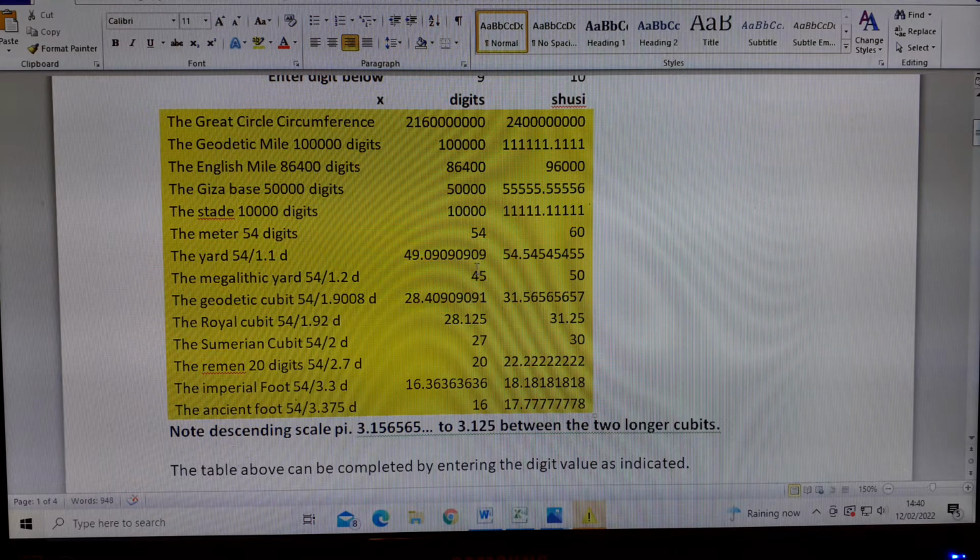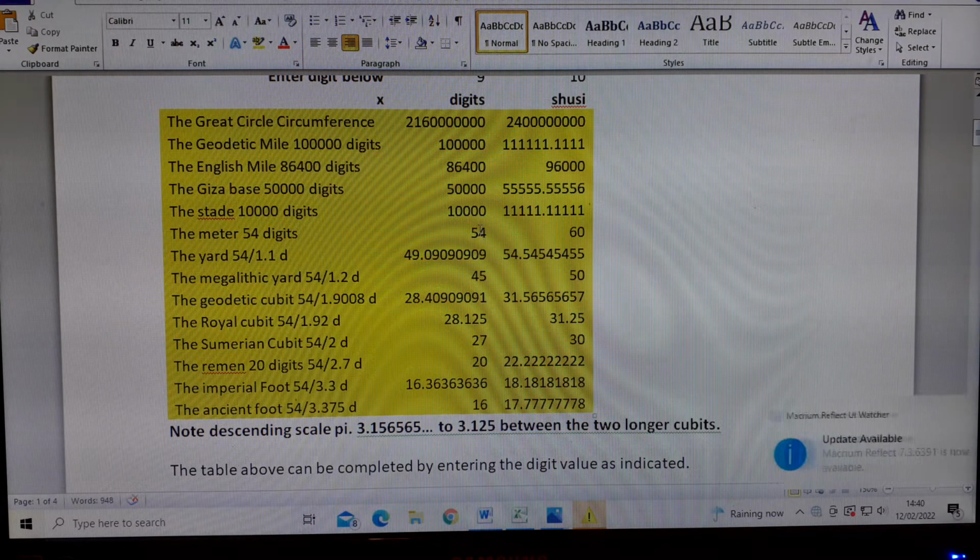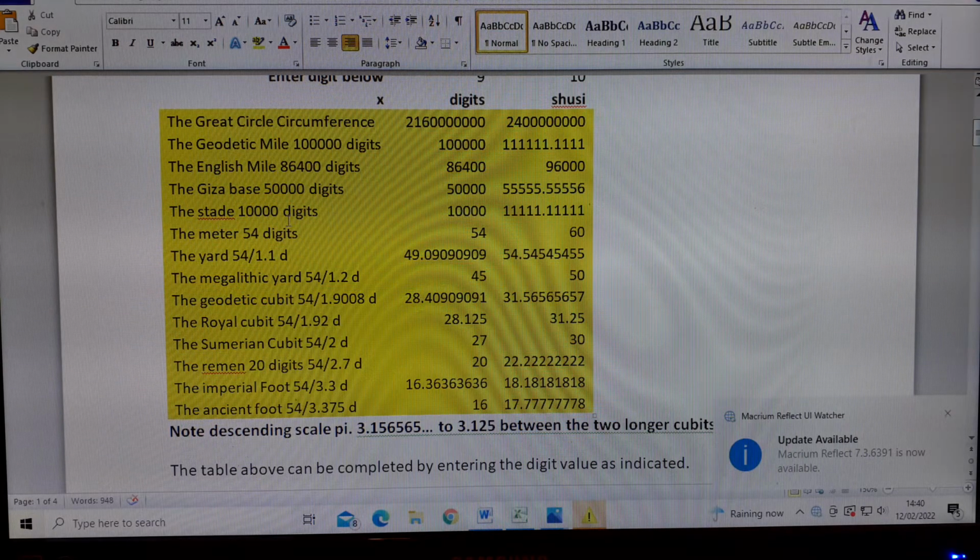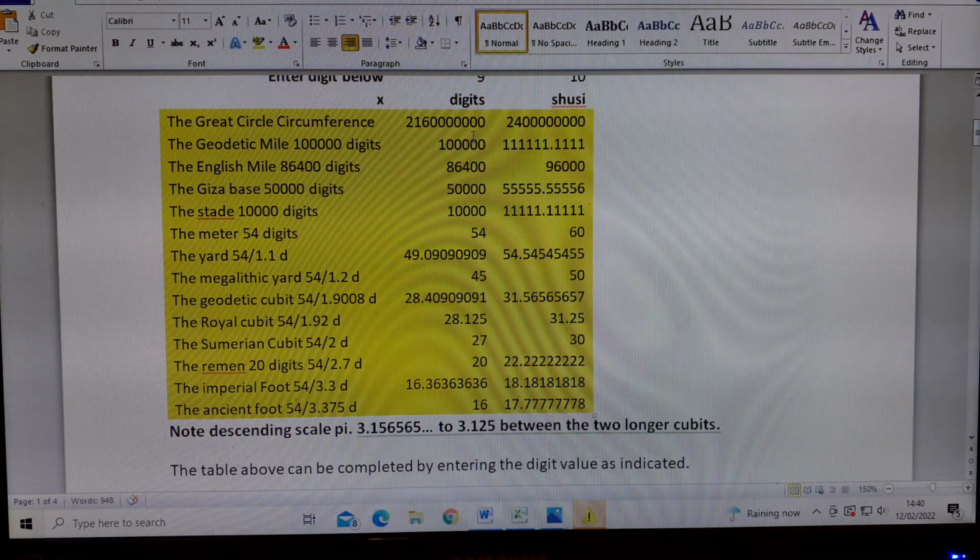Because we can scale everything against the meter. We've got a stade, which is 10,000 digits, so there are 10 stades in a geodetic mile. And this is all what Berriman tells us in his book.